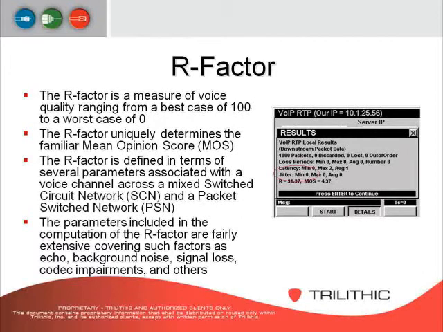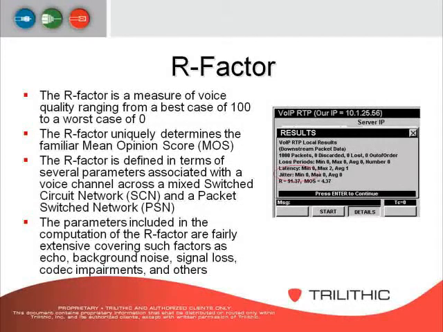Now, the R factor, we talked about that a little bit earlier when I talked about using the Details tab on your Voice over IP test. The R factor is a measure of voice quality ranging from a best case of 100 to the worst case of 0.